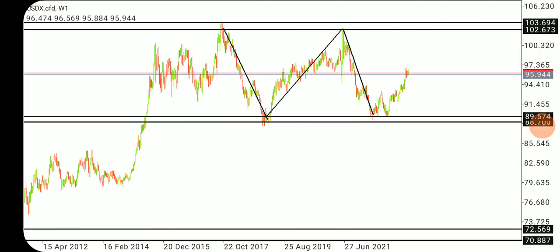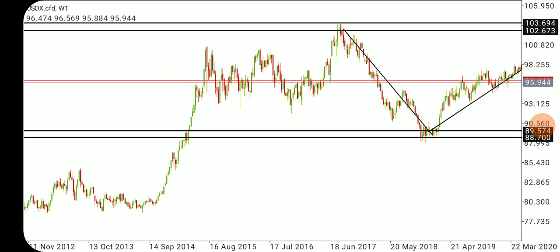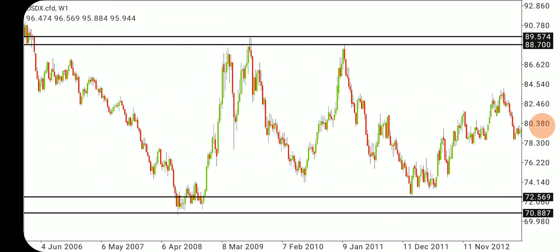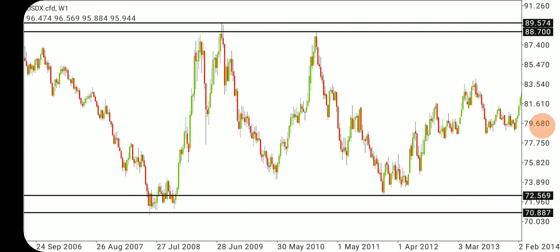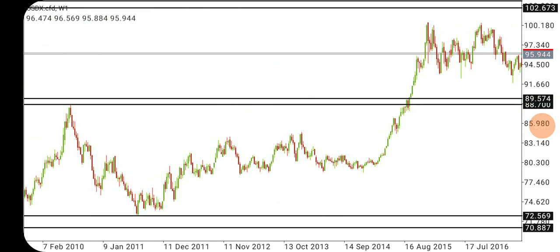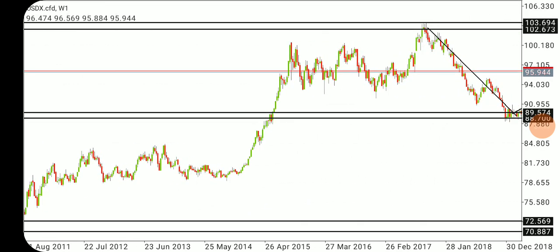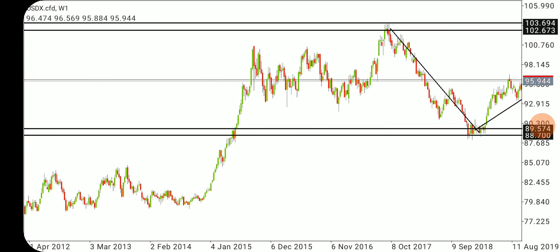So what we have here on the weekly time frame is that the market was ranging up and down, and then finally it broke and went all the way up.